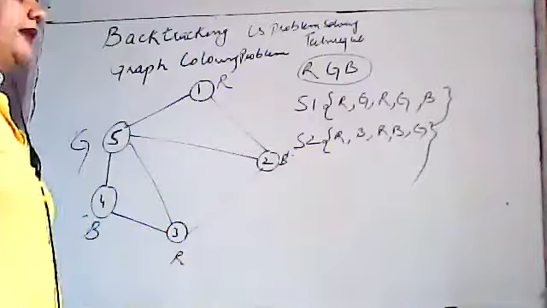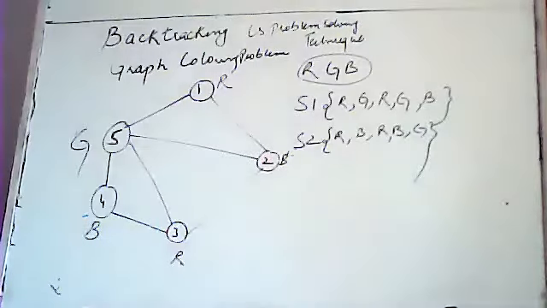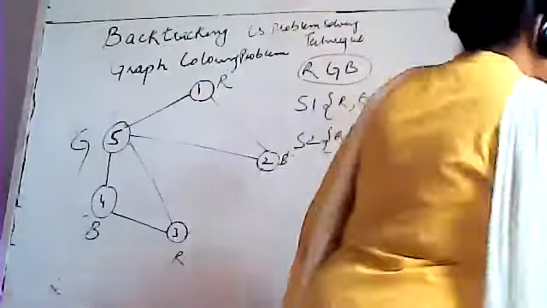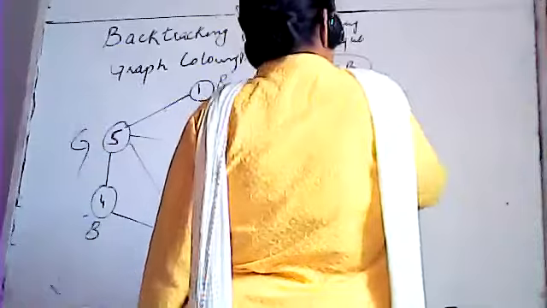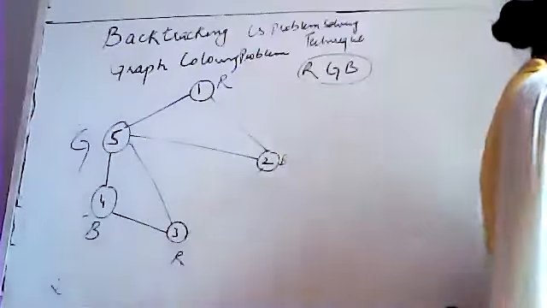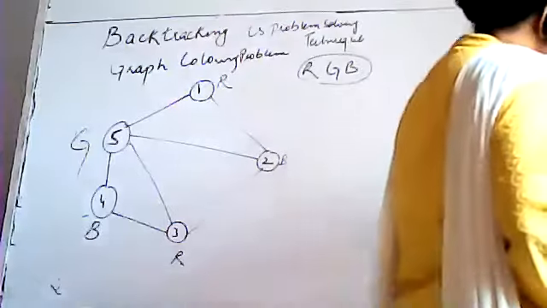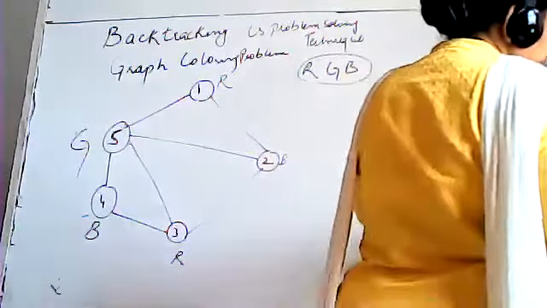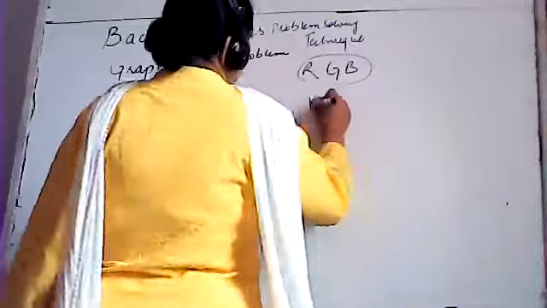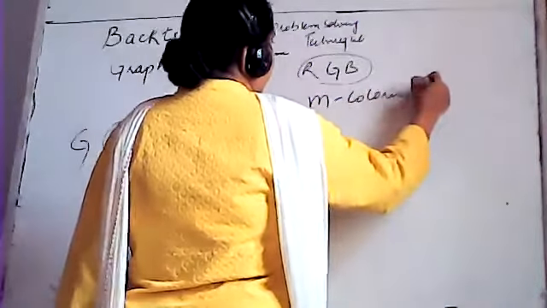Yes? Okay. Now, in this graph coloring method, we have two terms. One is called M coloring decision.